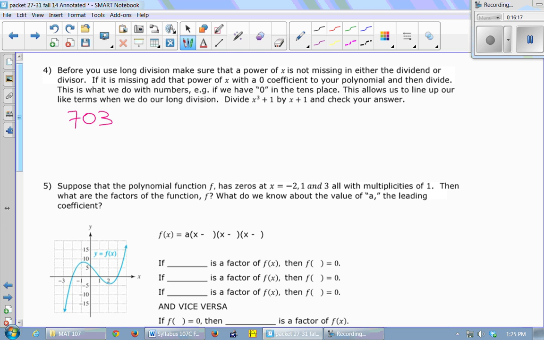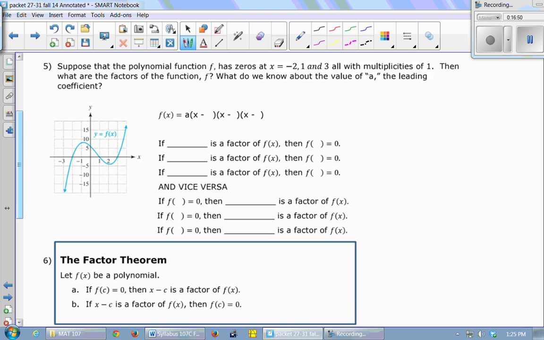If I was doing a polynomial and I wrote 7x squared plus 3, we typically don't use a 0 placeholder, but with the division algorithm, you need it. So you would rewrite this as 7x squared plus 0x plus 3. If there's a power of x missing, you put it in there with a 0 coefficient. It keeps our like terms lined up in the algorithm.